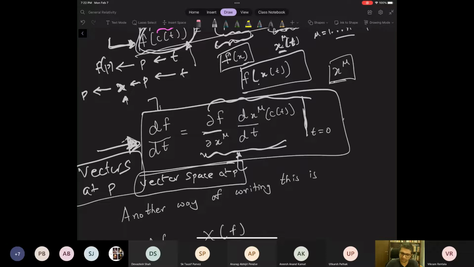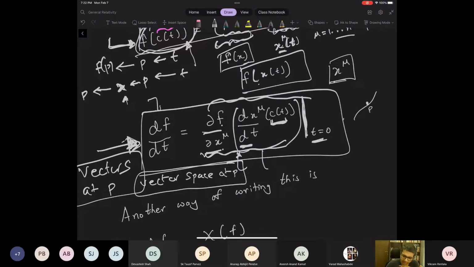As long as this coordinate patch is valid at the point t equal to 0, we can write it as partial f partial x mu times dx mu dt, where this dx mu dt is evaluated along the curve c of t, at t equal to 0. That is, we're evaluating it as the curve is passing through the point P.